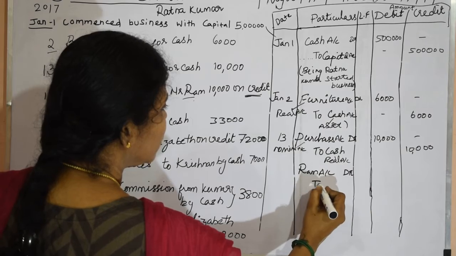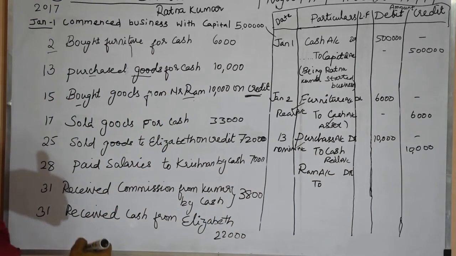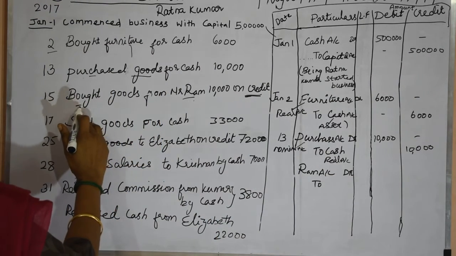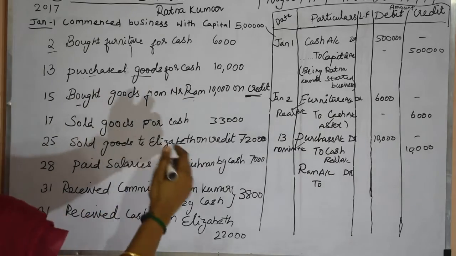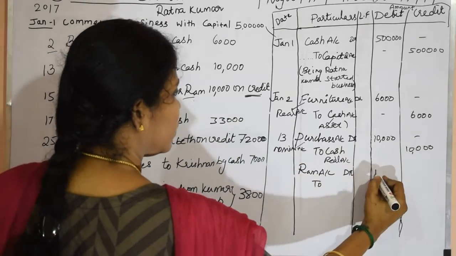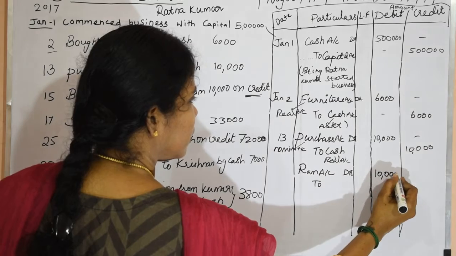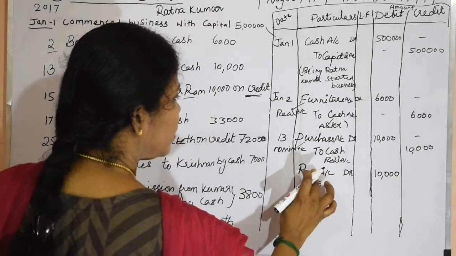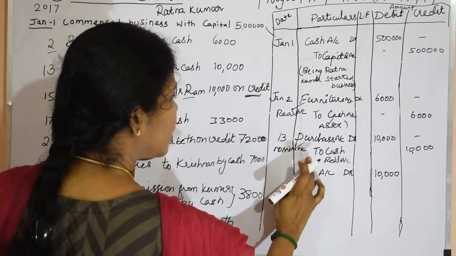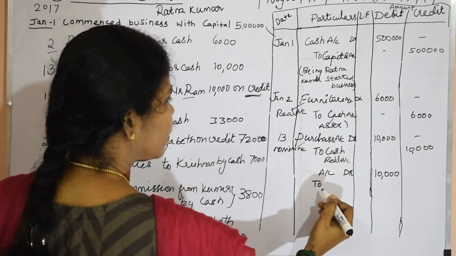Bought goods from Ram on credit 10,000. So purchase account.